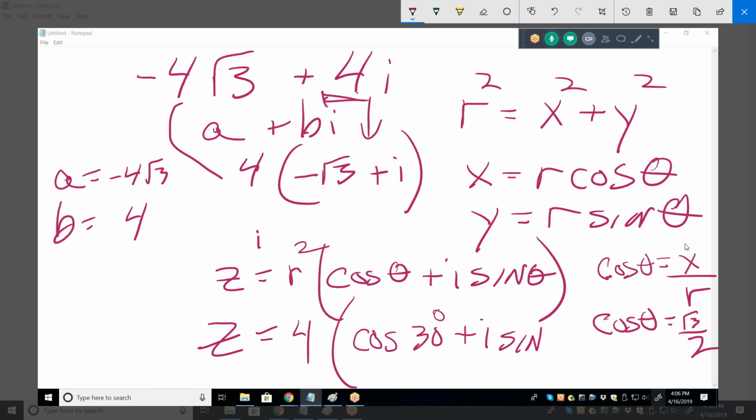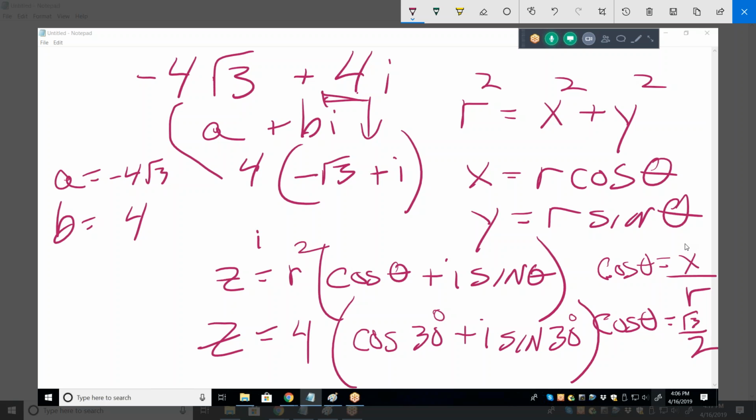And theta is 30 because sine of theta is equal to y divided by r, which is 1/2. And you use x and y and a and b interchangeably? Yes.